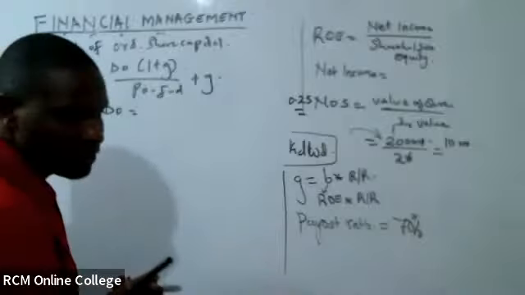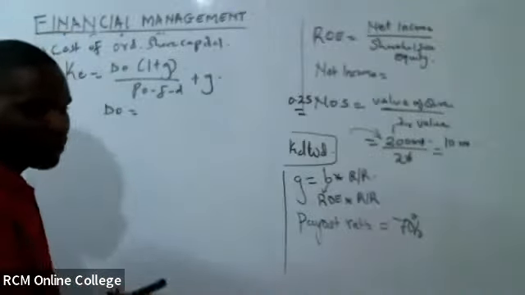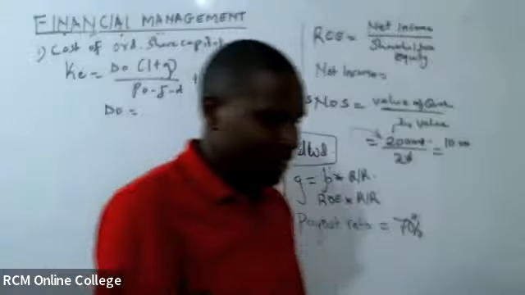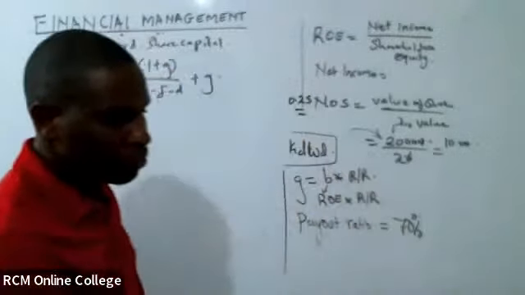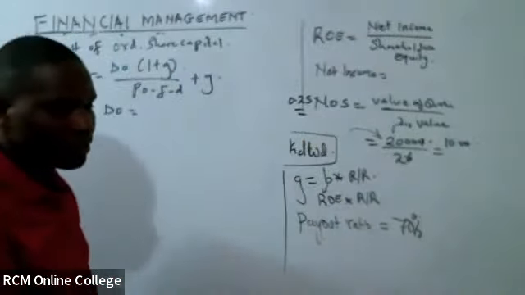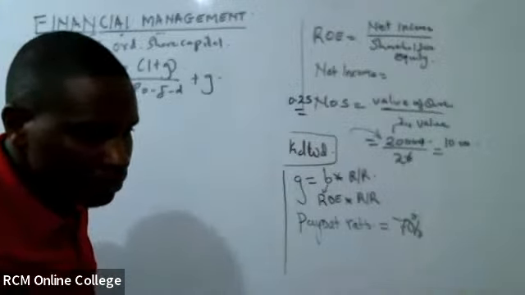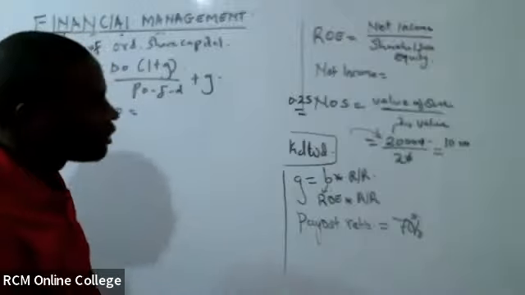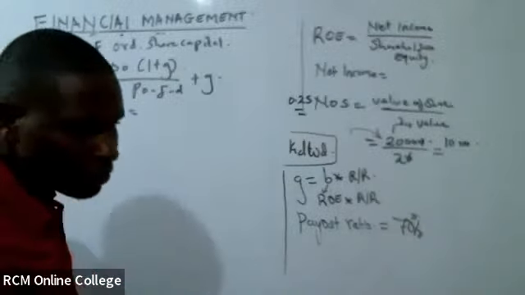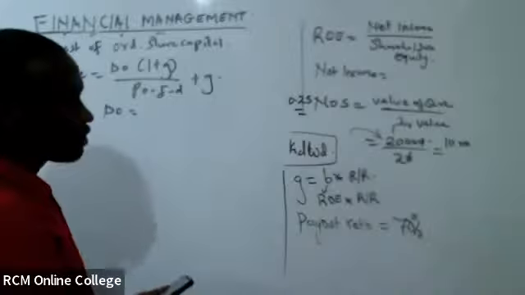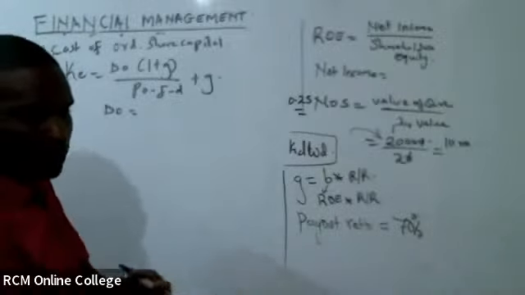This is the current dividend. How do we get the DO? Watu wetu wako wapi? EPS times payout ratio na EPS times retention ratio. Which is which among the two?